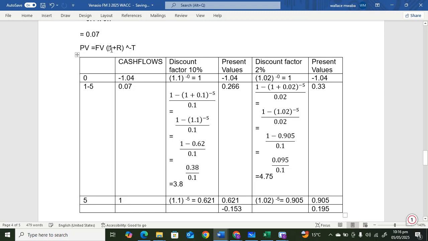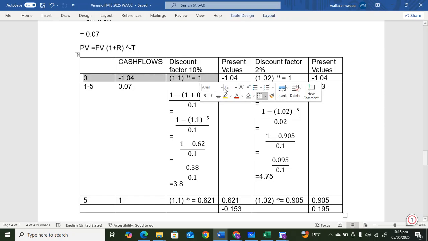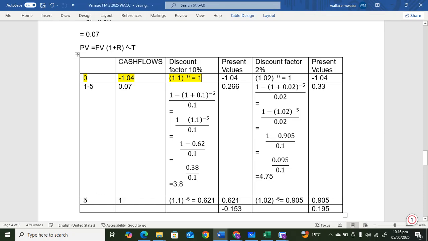Now these are for one-off payments, that's why this one is only used in year zero and year five. Our discount rate is 10%. For the discount rate, always use the interest rate for the debt. So this 10% we are using as our discount rate is from the interest rate for the debentures.